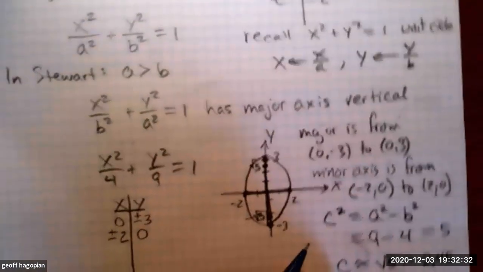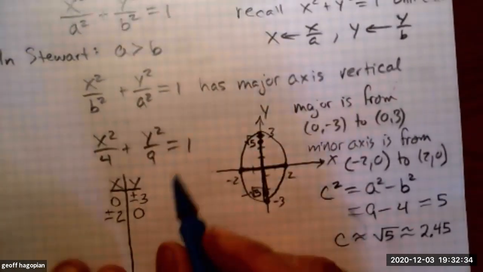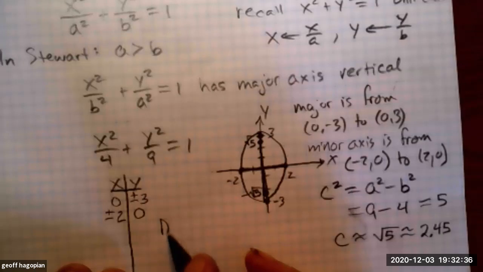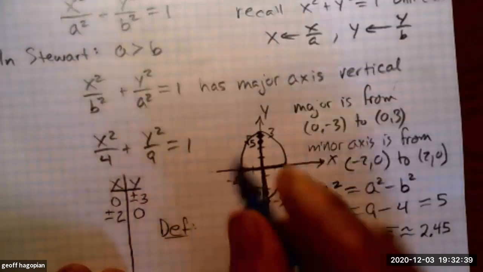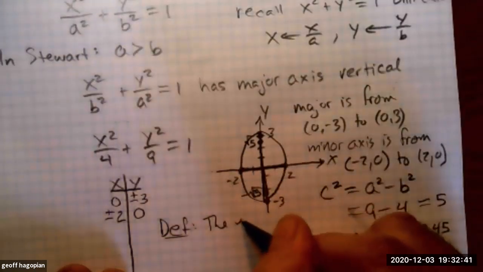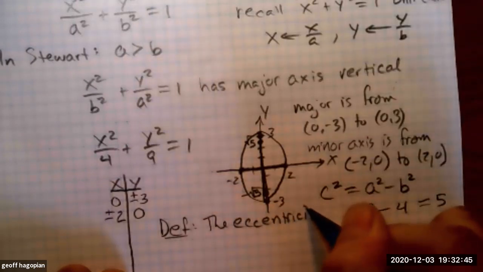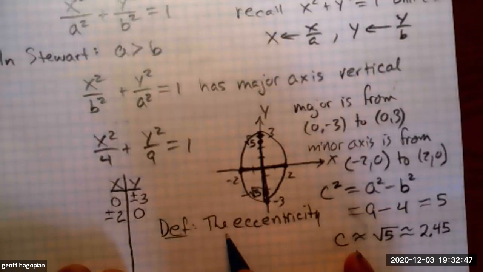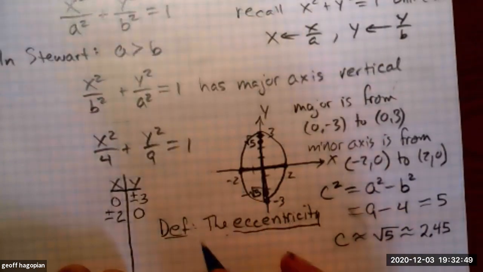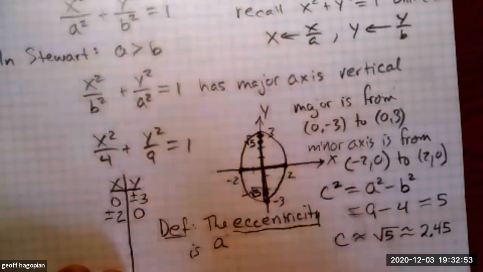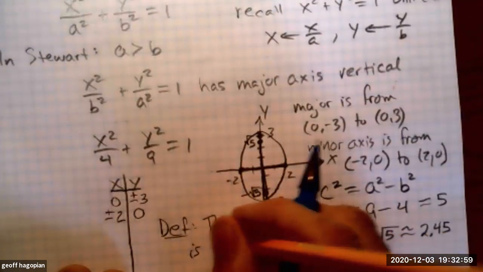There's something called the eccentricity of the ellipse. So definition, the eccentricity, that's the word we're defining, is a number between 0 and 1.